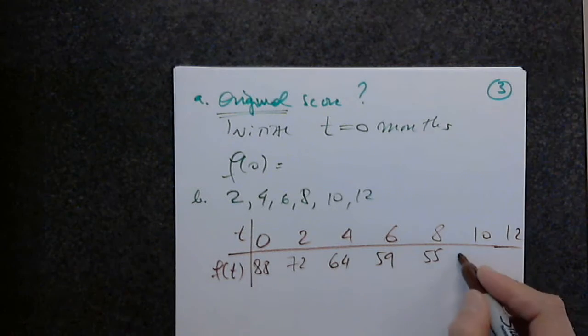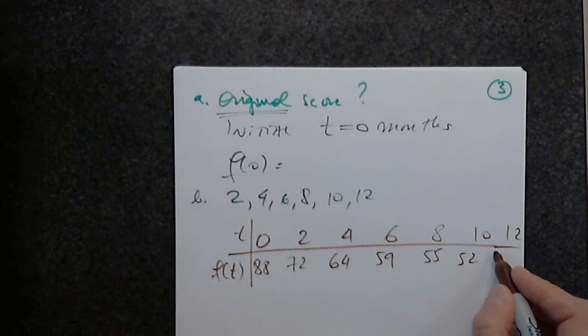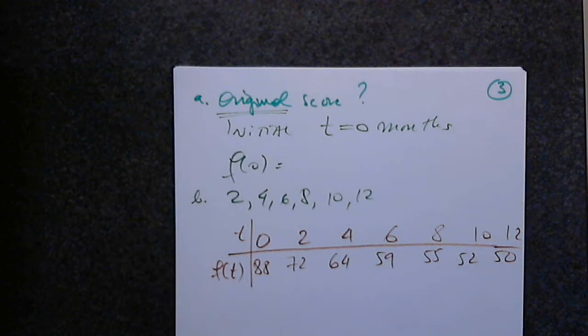It's 10, 52, and then 50. What do you conclude? I don't know if they ask us in a minute. We'll continue reading the problem. But what do you conclude? That the average score initially was 88, and what happens over time? It decreases. Yes, I see that. I agree. Perfect.